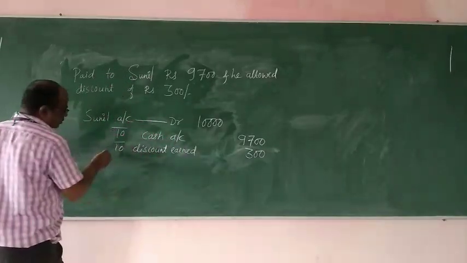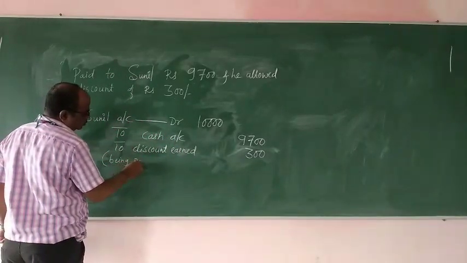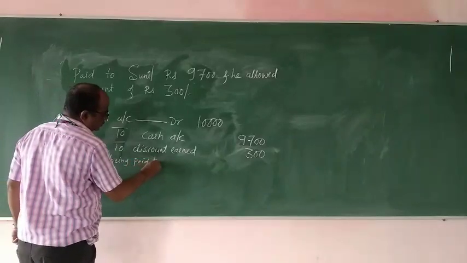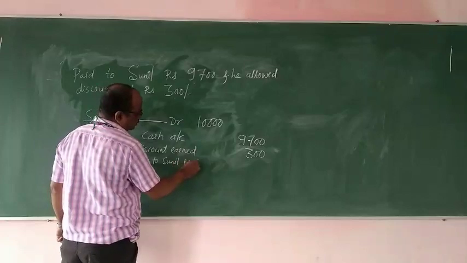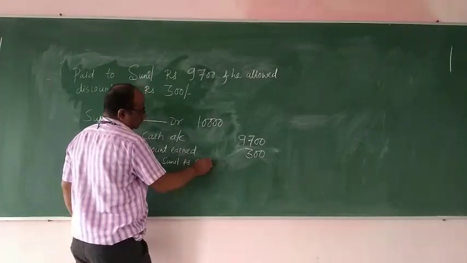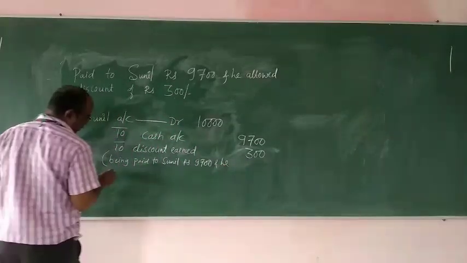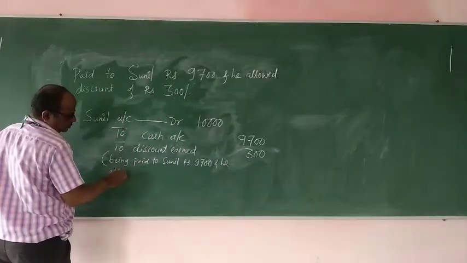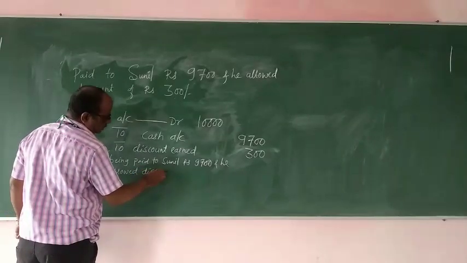Being paid to Sunil rupees 9,700 and he allowed discount rupees 300.